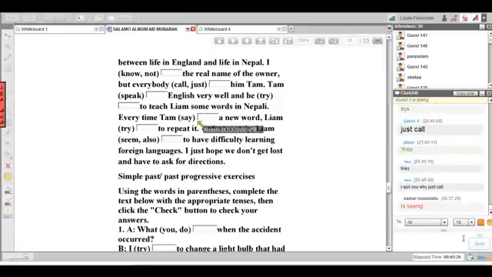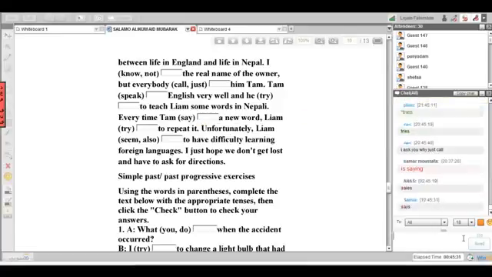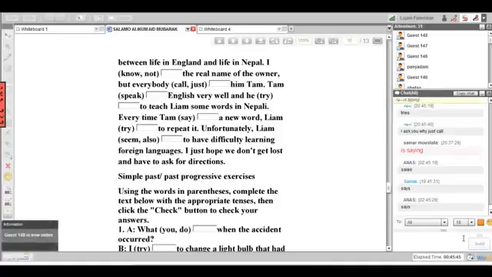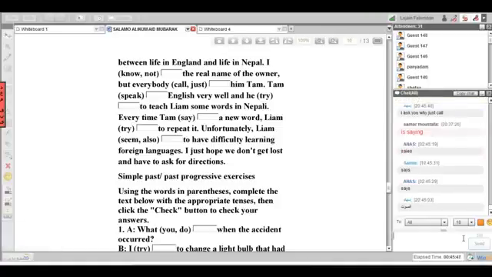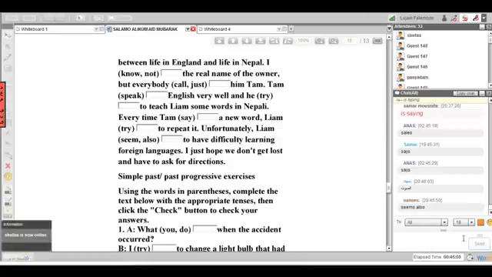But everybody call just him Tam. Okay, everybody call and just him Tam. What is the answer in here? Yes, Samar, Nani, Shifa, Rihab Jaballah, just call. Everybody just call him Tam. Tam speak English very well. Speak in here. Speaks.